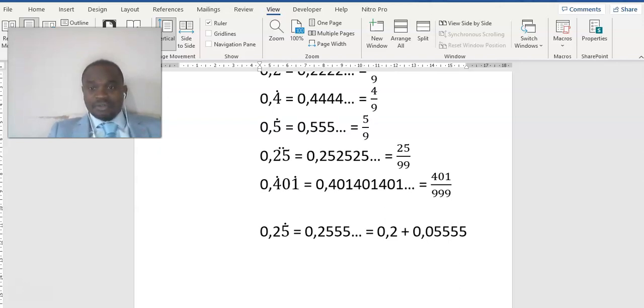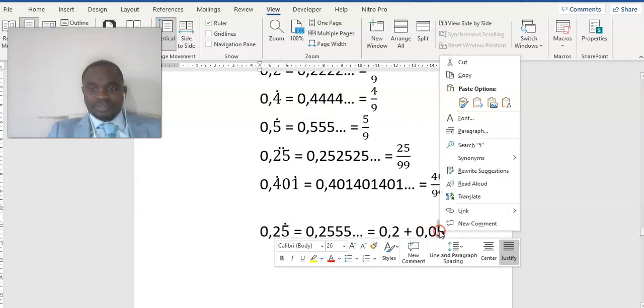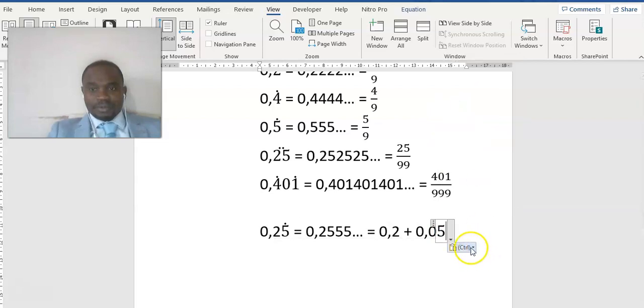How am I going to do that? 0,555, 0,5 with a dot at the top. Let me put it that way. So it's going to remain 0,5 with a dot at the top, like this.